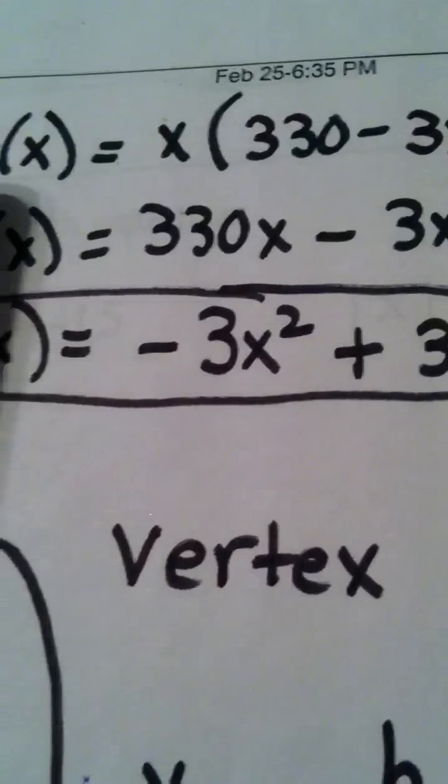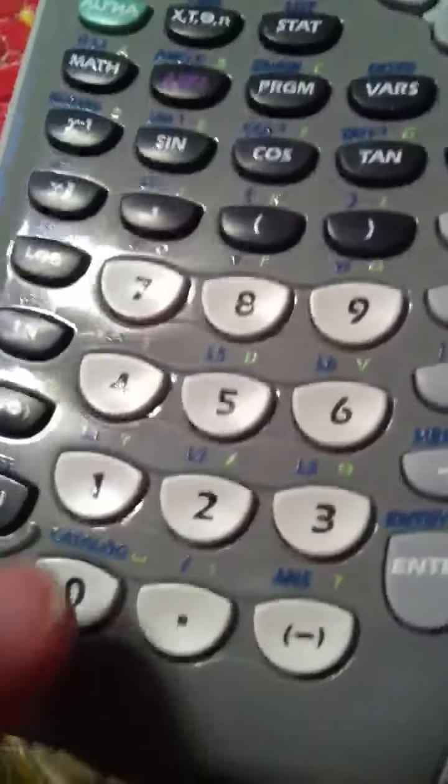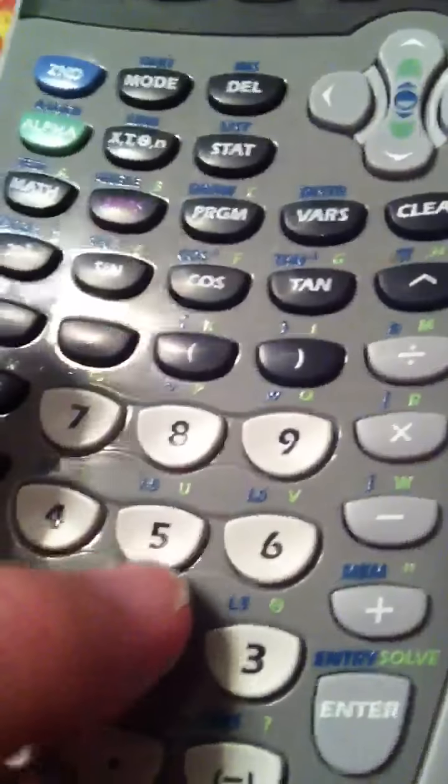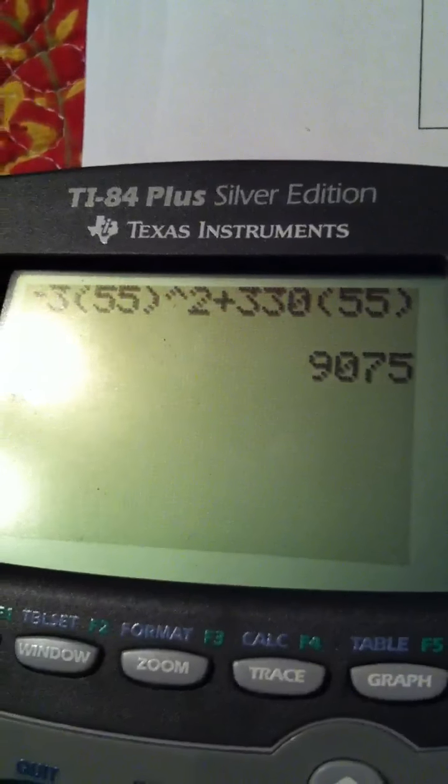That's the first part of it, minus 3 times the input squared, plus 330, and then in parens 55 again. Okay? I plugged it into my area function and I hit enter, and I get the answer 9075.